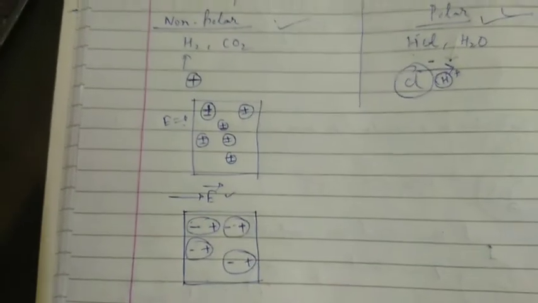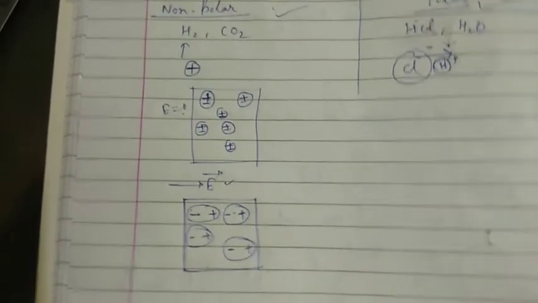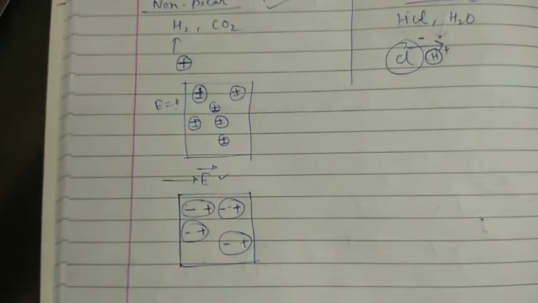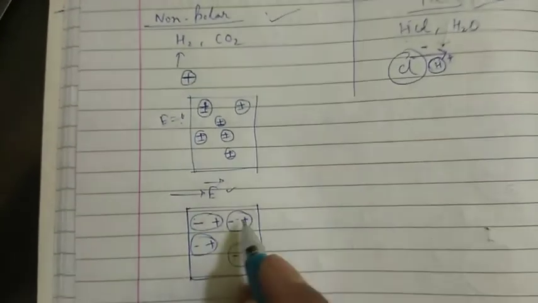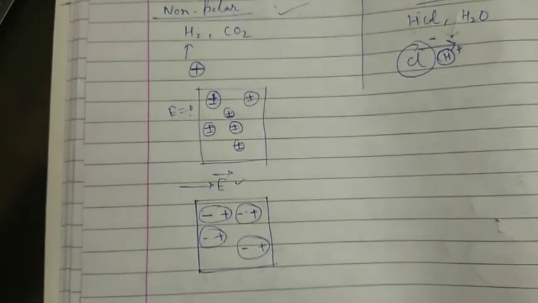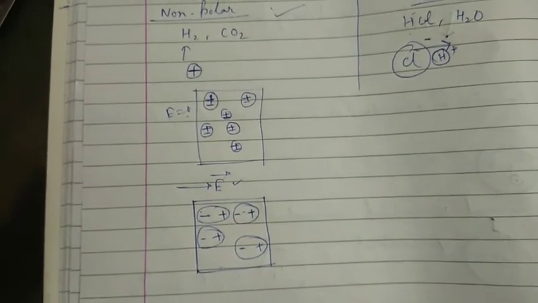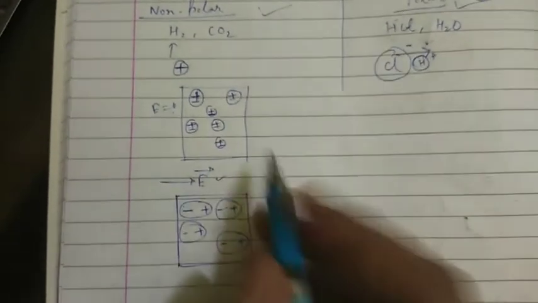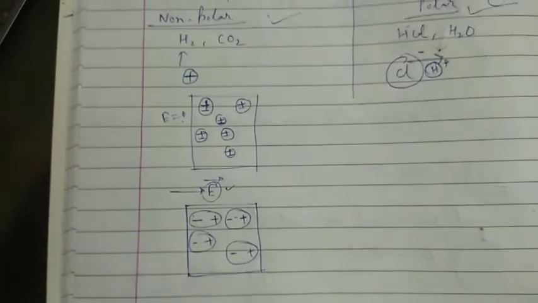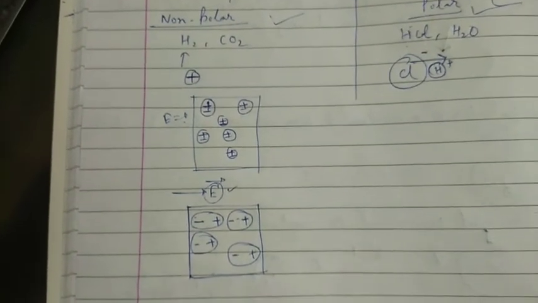This is called polarization, and we measure it as the net dipole moment developed per unit volume. Now it is very obvious that the greater the magnitude of the electric field, the greater the degree of polarization.